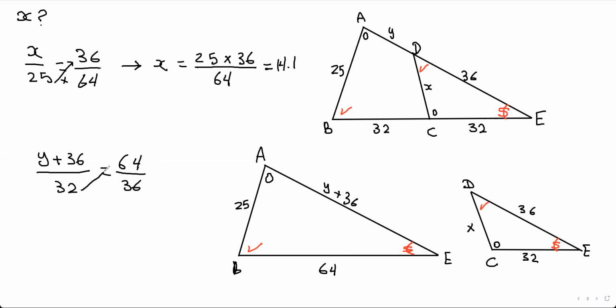Now I'm going to cross multiply that into here. And I get y plus 36 equals, and I'm just going to do that on the calculator. So 32 times 64 divided by 36 equals, and that gave me 56.9.